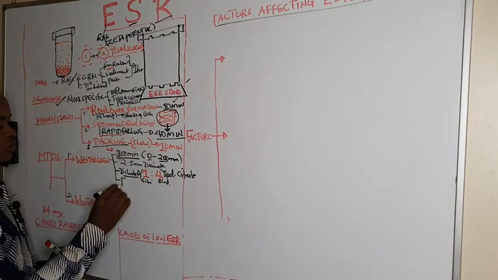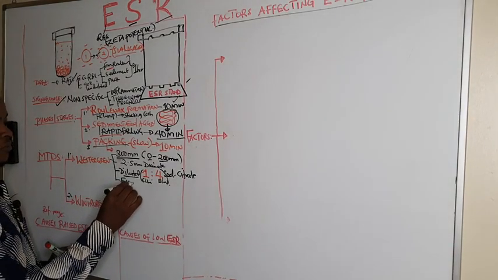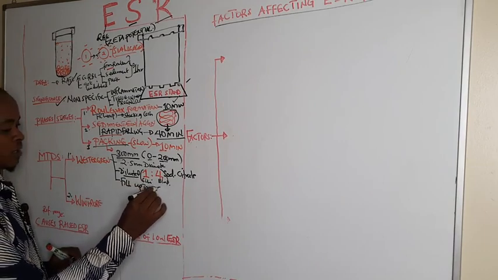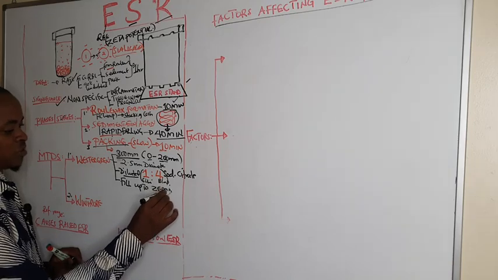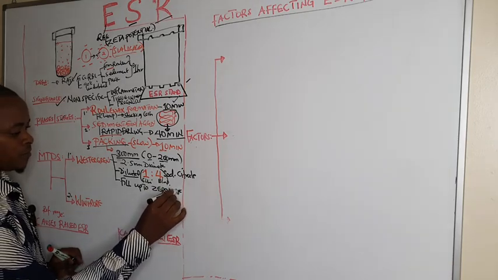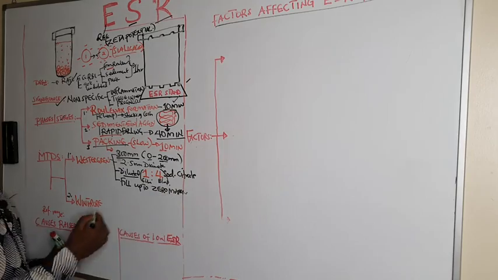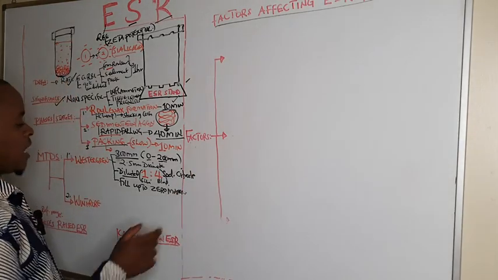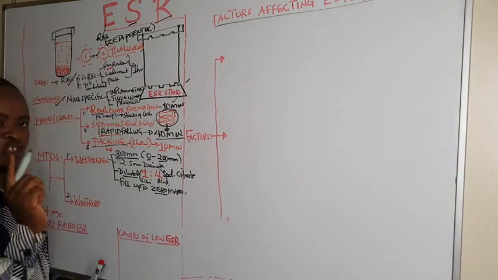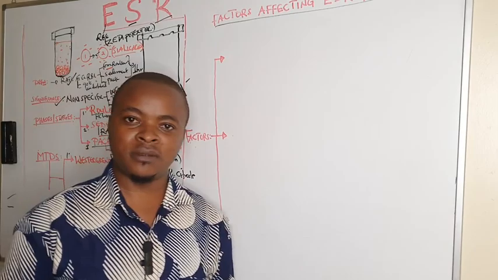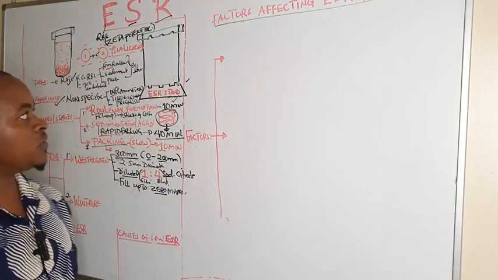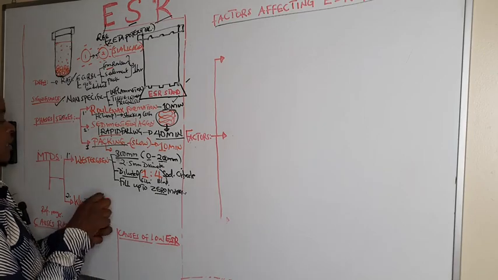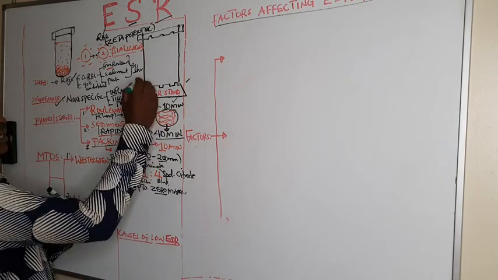Then you fill the tube up to the 0 mark. During filling, you must make sure there is no bubble formation. When you ensure there are no bubbles, you place it on what we call the ESR stand.